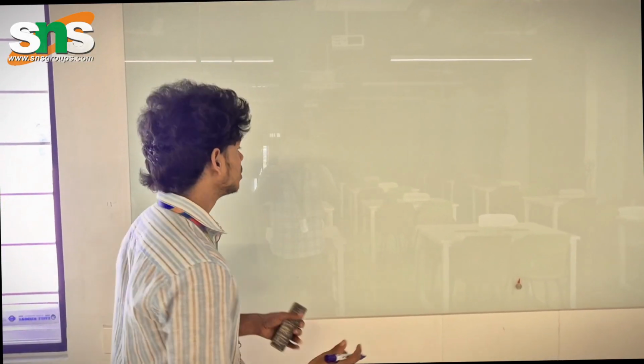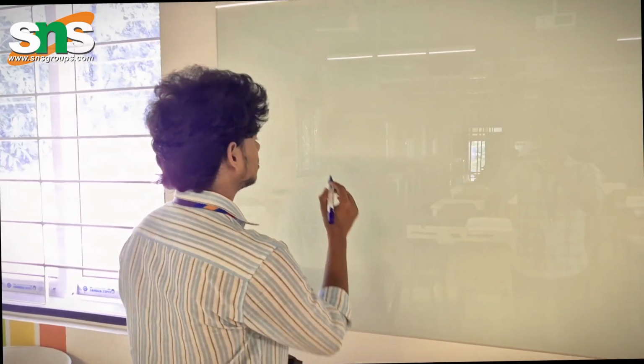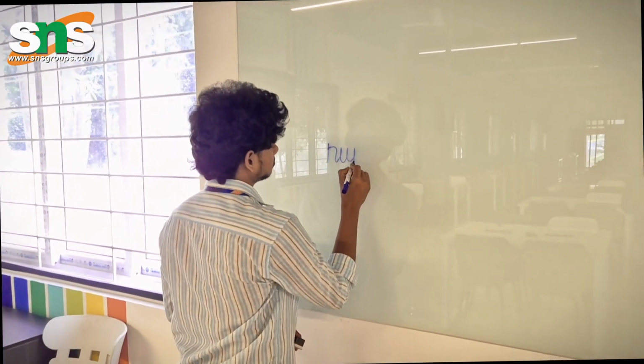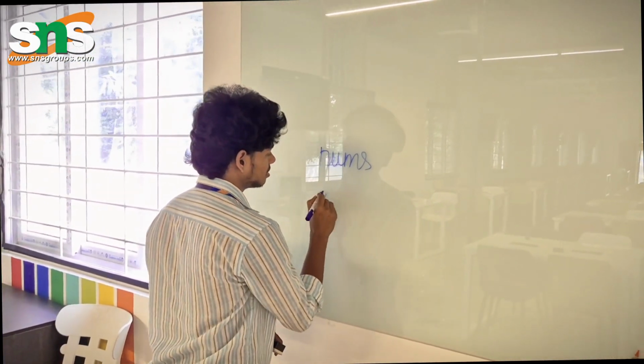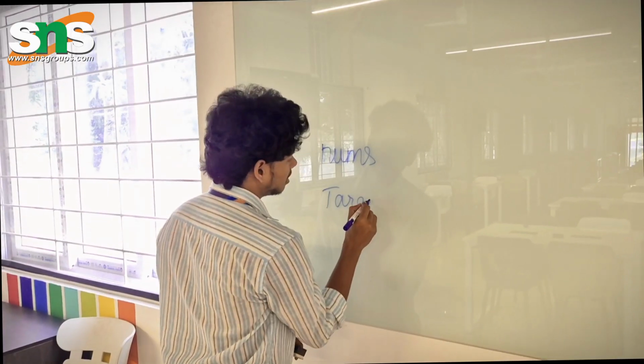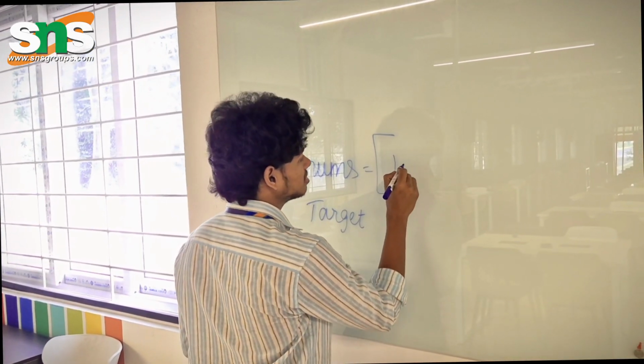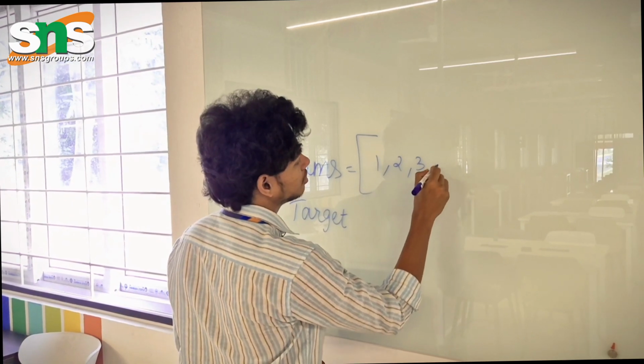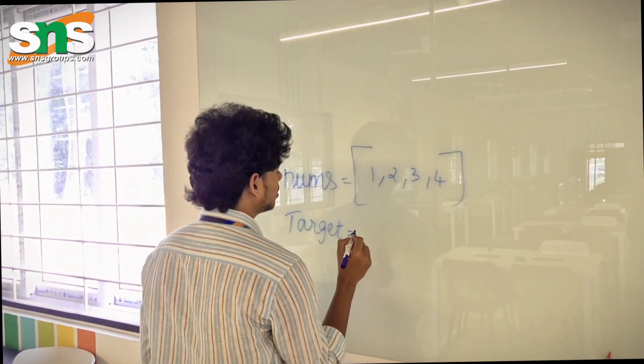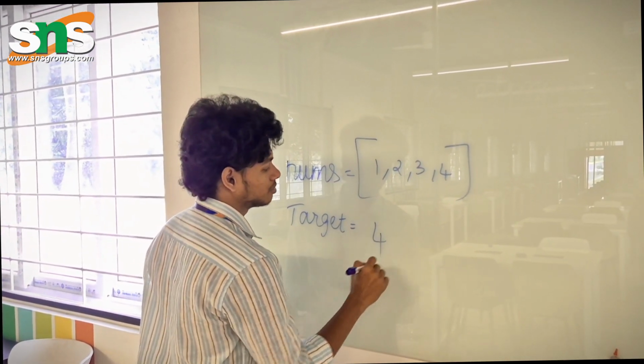So let's understand the logic first. As I mentioned before, they will provide you two inputs, nums and target. In nums, they provide an array of integers, that is 1, 2, 3, 4. We can use the target value as 4.